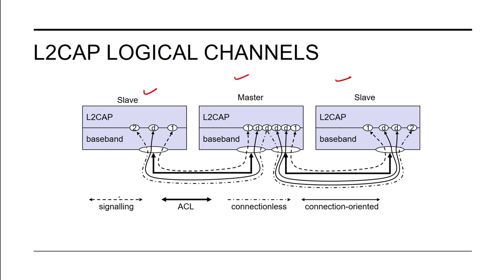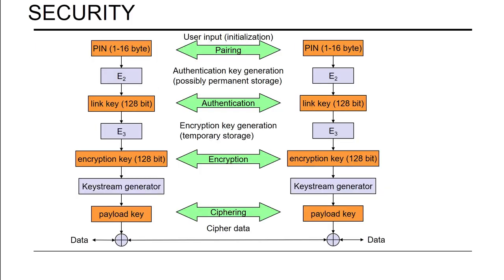The dotted line stands for the signaling purpose, and the dark arrow line stands for the ACL. The dotted lines are for the connectionless, and the dark line is for the connection oriented. Here L2CAP provides a mechanism either to add or remove the slaves.